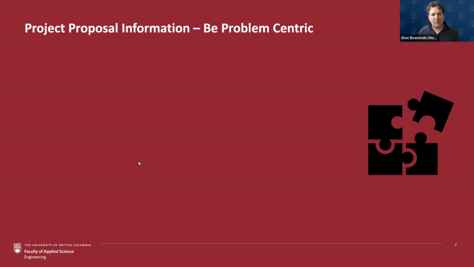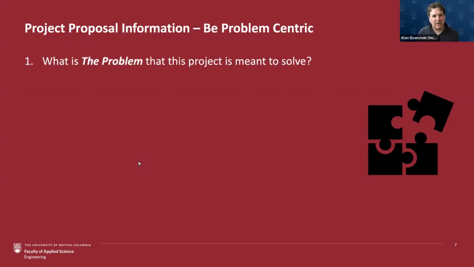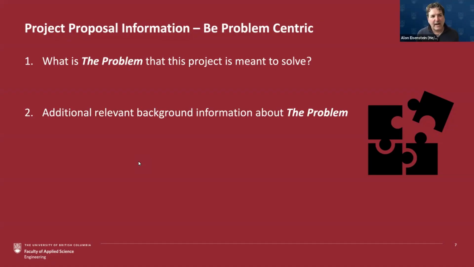And therefore, the project proposal should be problem-centric. We ask you to explain the problem that you are hoping our students can solve for you. We're asking you for any relevant information about the problem itself, about the context, the reality in which the problem exists for you, and what constraints students will have to solve within.